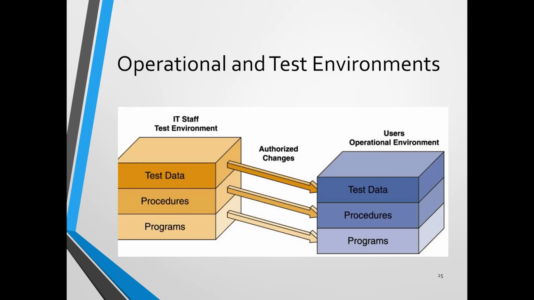When you have to send or copy these things from the test environment to the users' operational environment, the users' operational environment here is production, that I told you before we call it production.